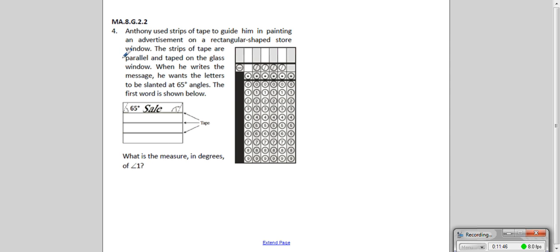So basically, after all of this, you really only need to look at the diagram. They said this angle here was 65 degrees. And this is the idea of a transversal. So if I was to draw one really quickly, anytime you have a straight line, we know that this straight line is supposed to be 180 degrees.